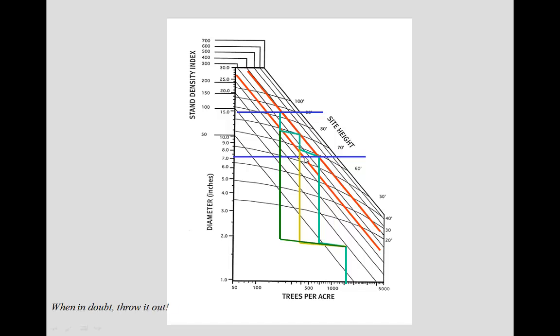And in fact, another alternative would be to do a very heavy pre-commercial thinning in order to set up the end of the rotation and forego these commercial thinnings.